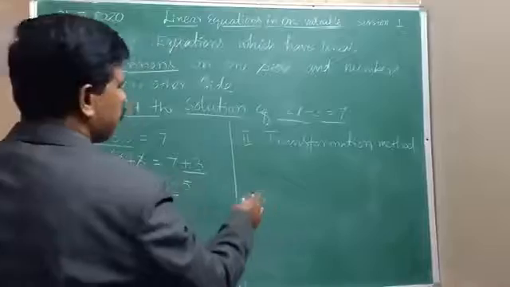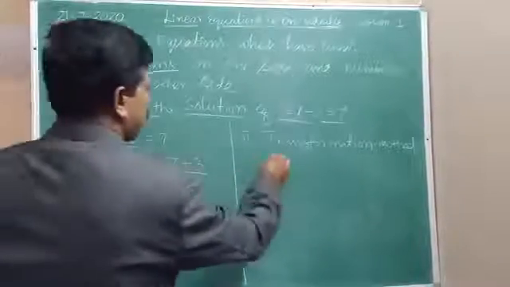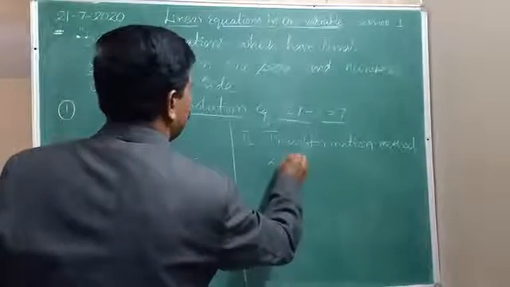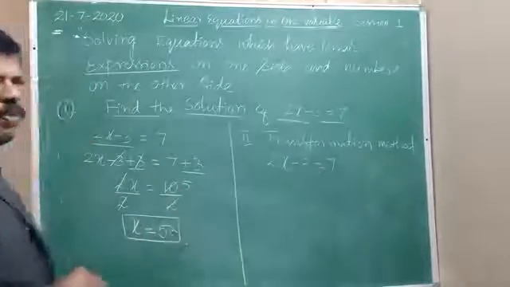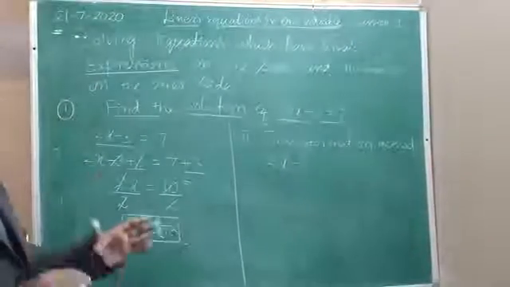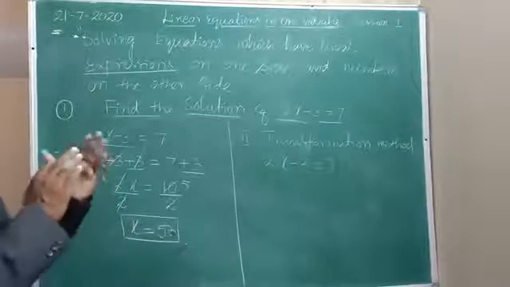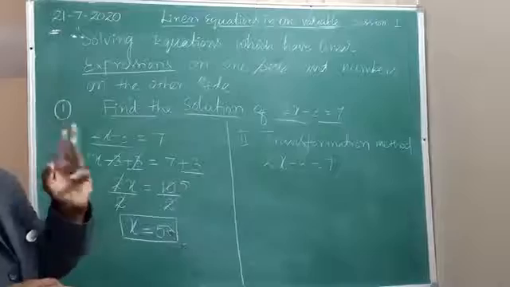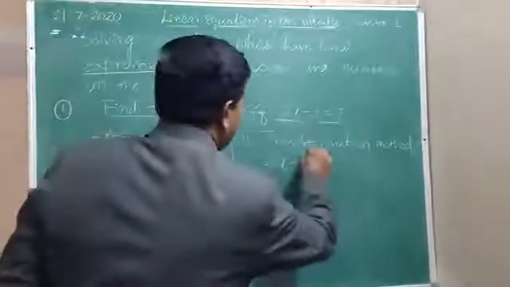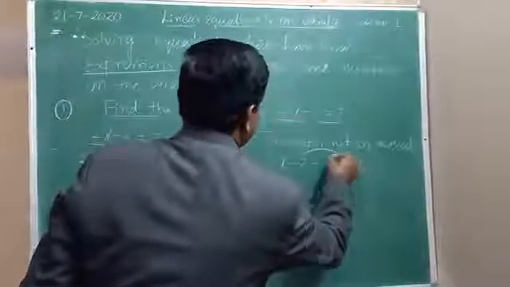Now, according to this method, first what do you want to do? You write down the equation, then shift the term which does not have the variable. So here, which is the one? Minus 3. So here you shift this to the other side.